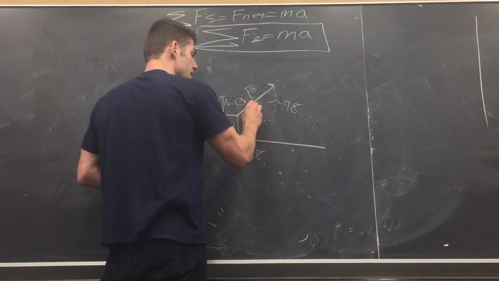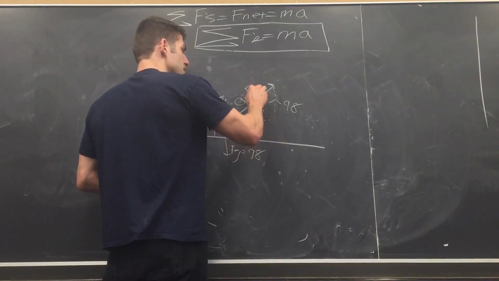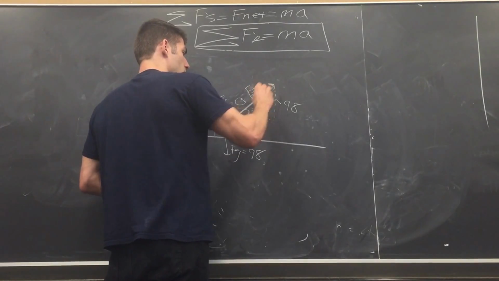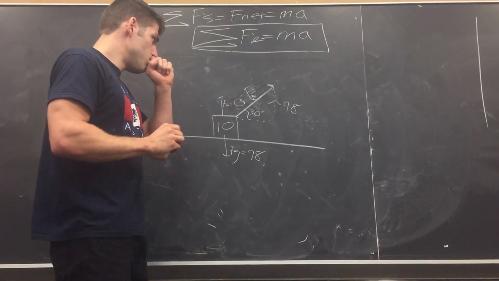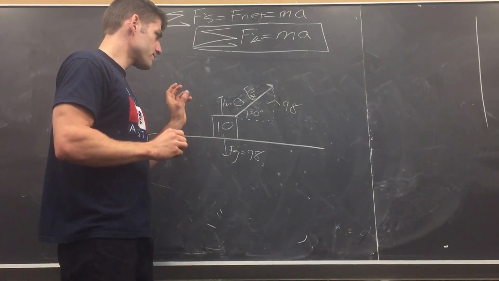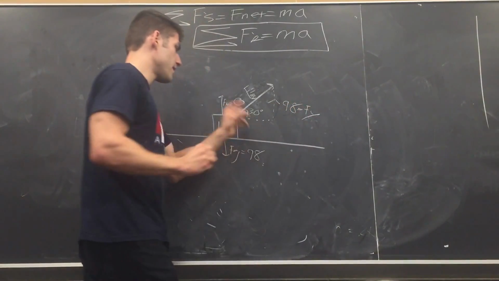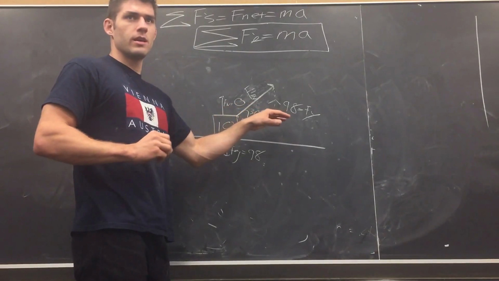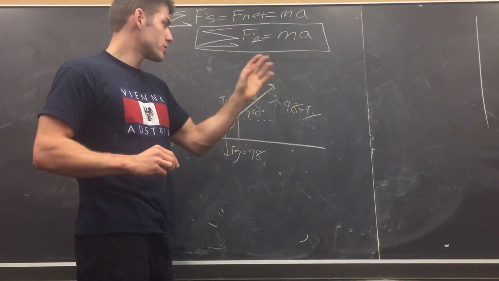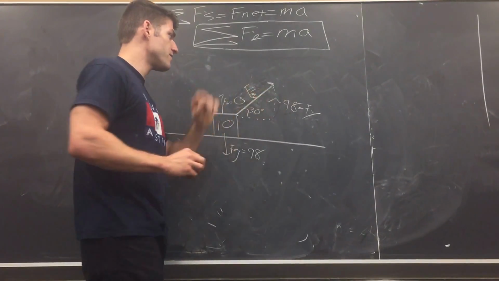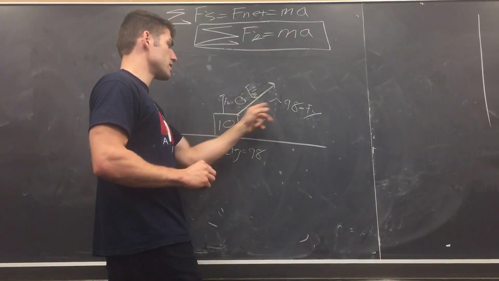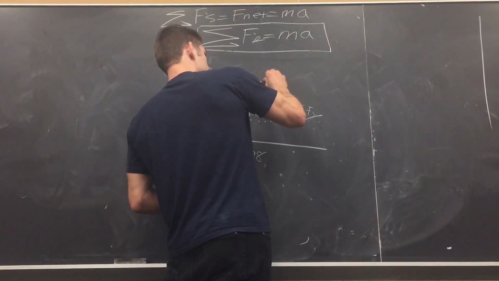And he will say that it's 30 degrees, and he basically just wants to know what's our Fz, our hypotenuse. Fy is 98, and I have the 30 degrees, SOHCAHTOA, trigonometry, you can figure that out. Fz is going to be twice as much because Fy is opposite the 30. So it's going to be 196 newtons.